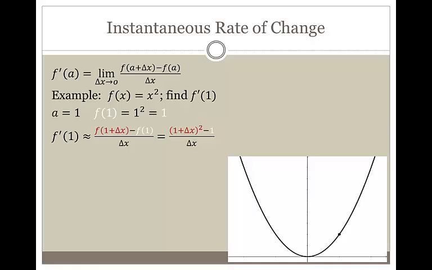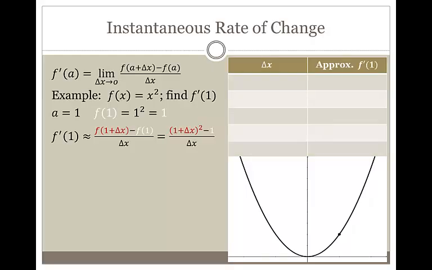To compute f prime of 1, let's start by approximating it using different values of delta x. For whatever value of delta x we use, we get that f prime of 1 is approximately f of 1 plus delta x minus f of 1, all over delta x. Using our function f of x equals x squared, f of 1 plus delta x is 1 plus delta x squared, and f of 1 is simply 1.